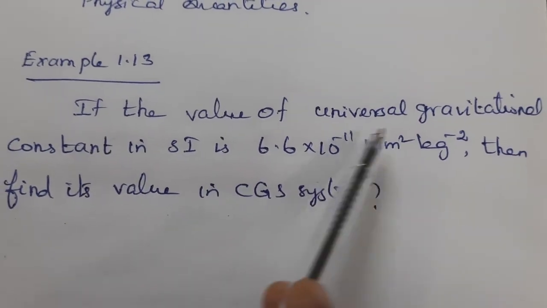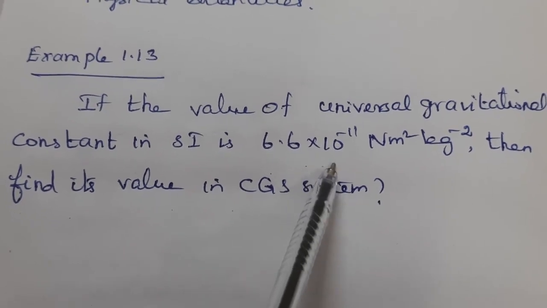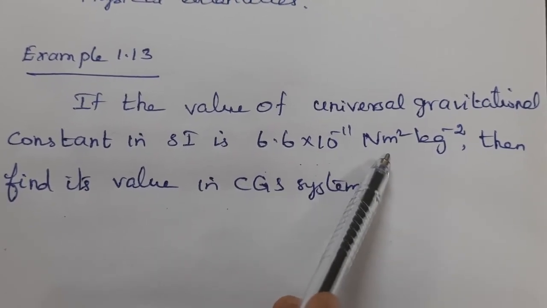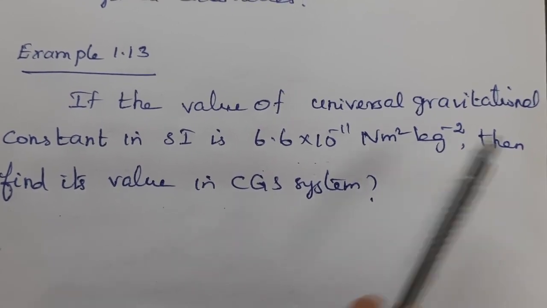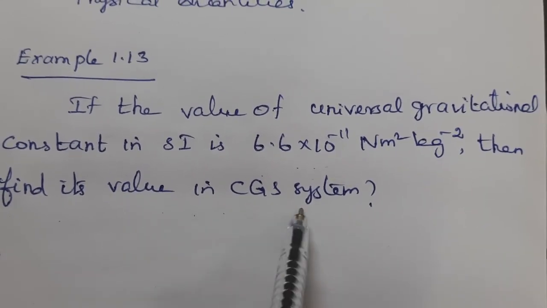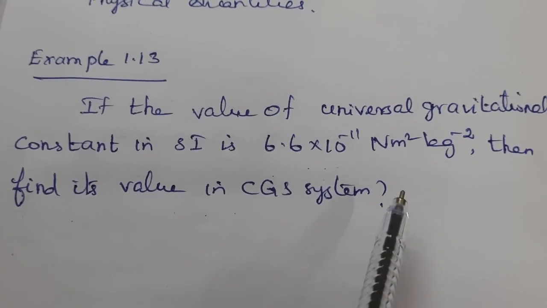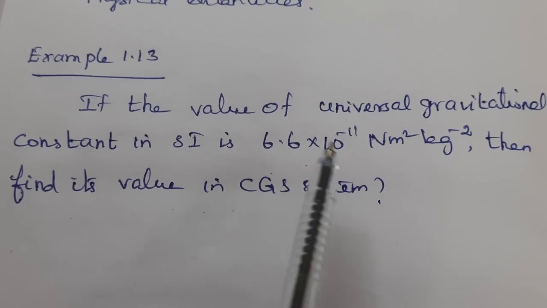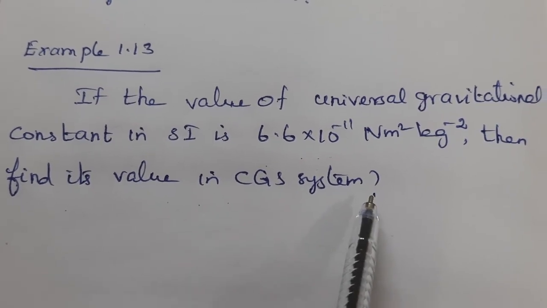So, the universal gravitational constant in the SI system is given. We have to find out the CGS value.